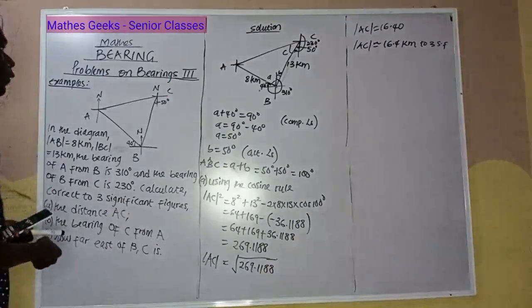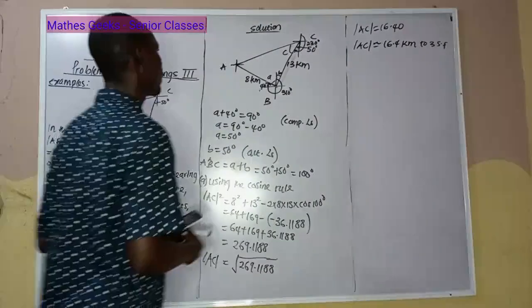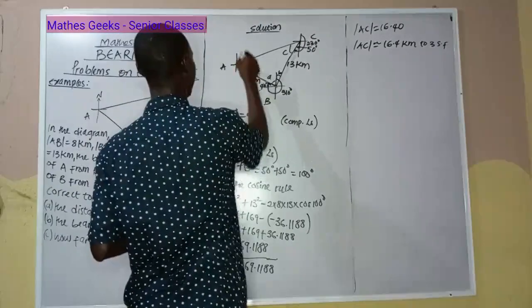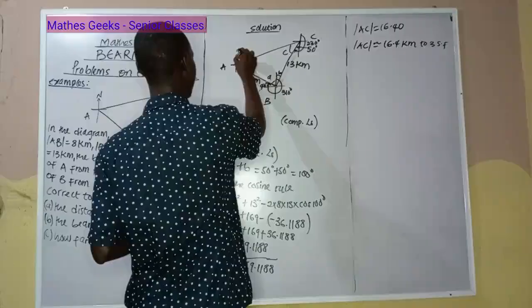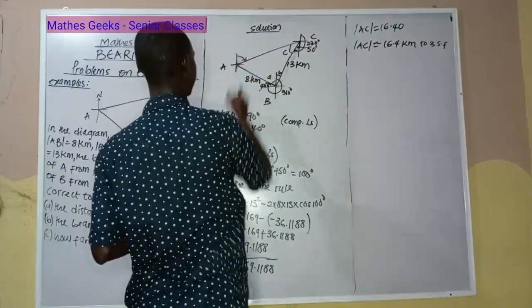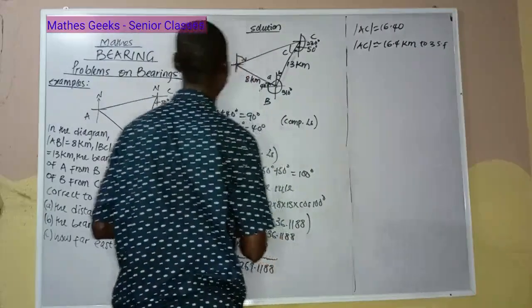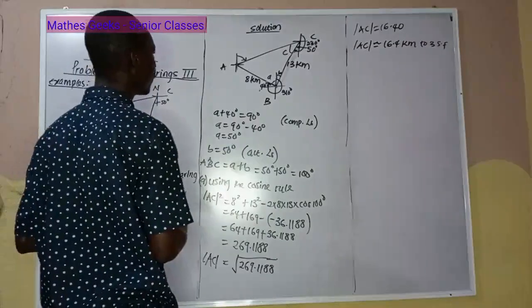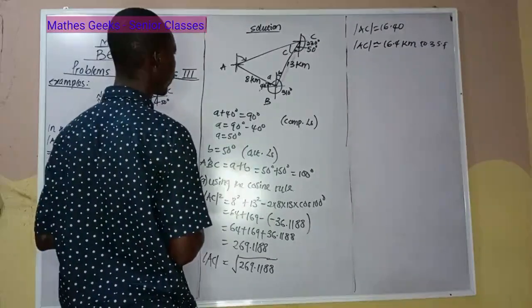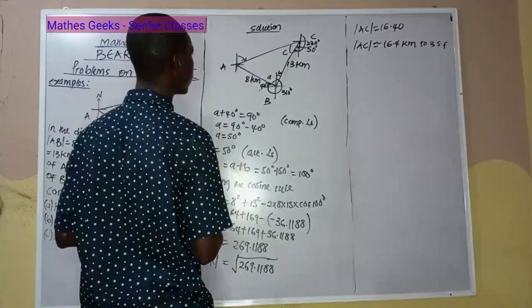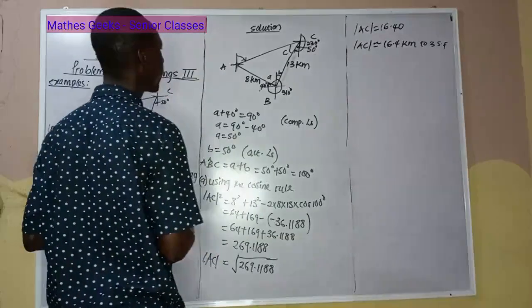The bearing of C from A. From A, that is going to be from the north to this line.